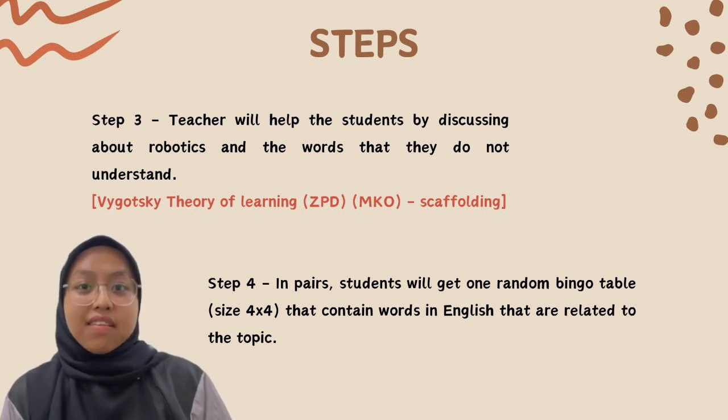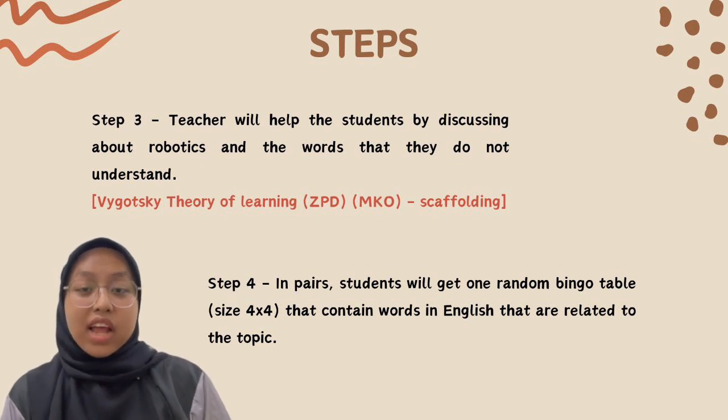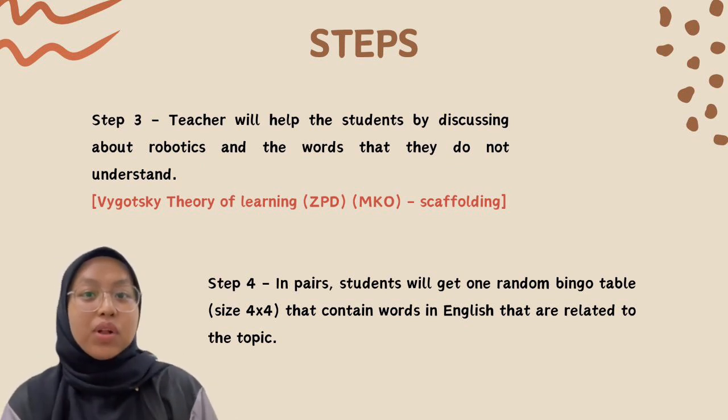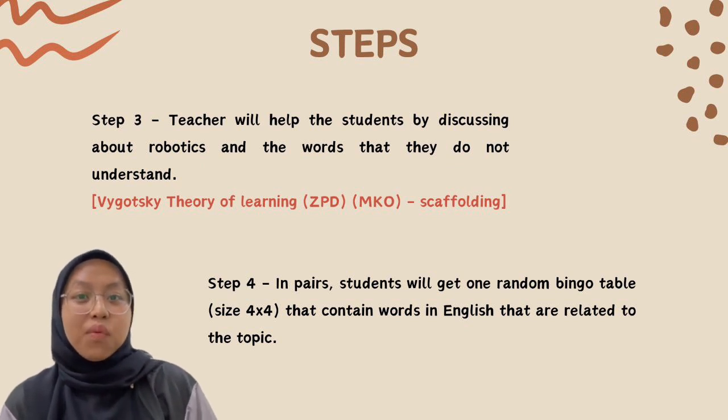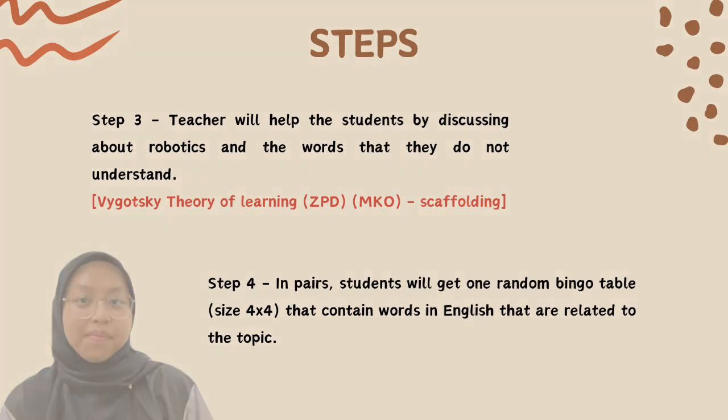The ZPD stands for the zone of proximal development, which is defined as the space between what a learner can do without assistance and what a learner can do with adult guidance or in collaboration with more capable peers. Step 4, students will get one random bingo table of size 4x4 that contains English words related to the topic.